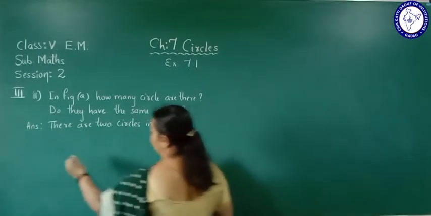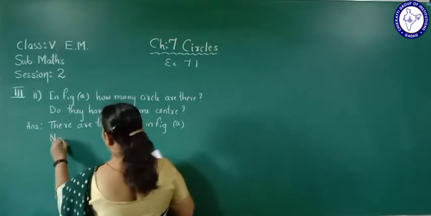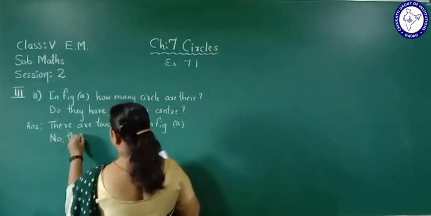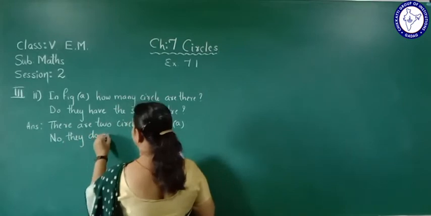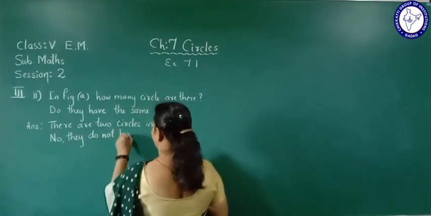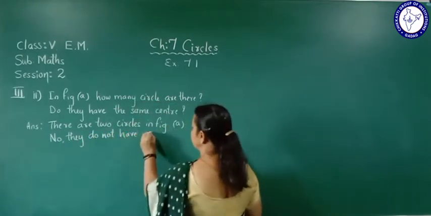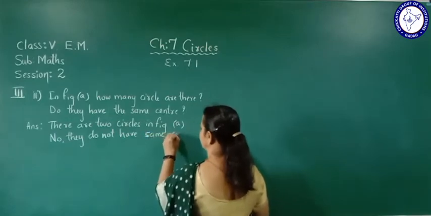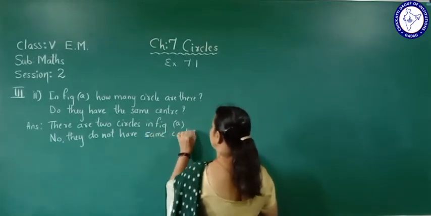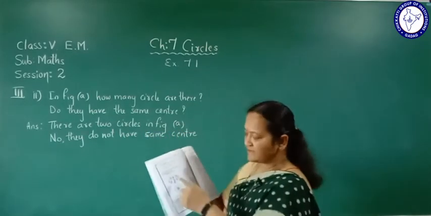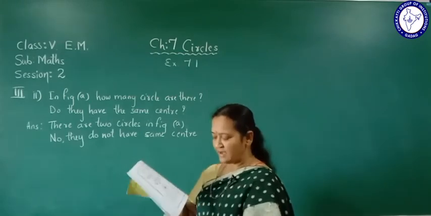No. No, they do not have the same center. This is the answer. They don't have the same center. You can check these figures and you have to write the answer.